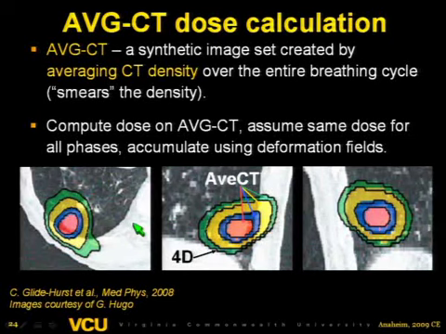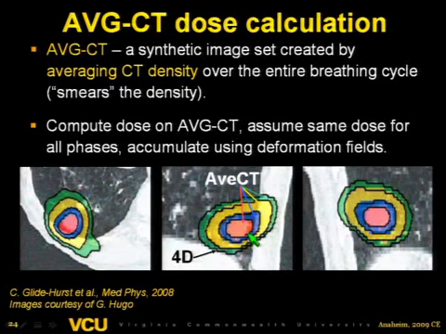And the pictures shown here indicate that doses in both scenarios, meaning do full dose computation on all data sets or just calculate the dose on the average CT and then copy it on the other data sets and do dose accumulation, give very similar results.